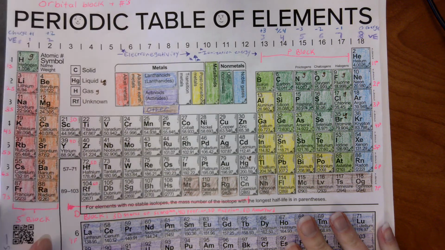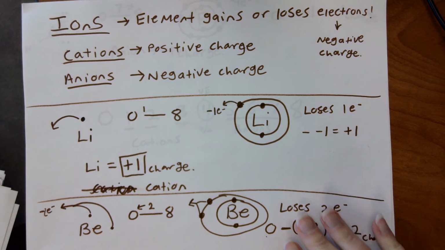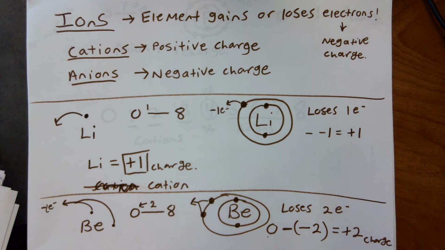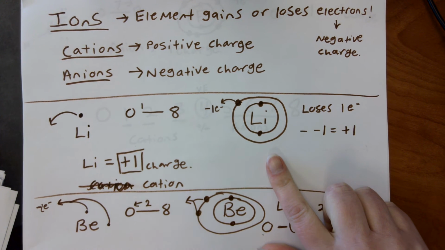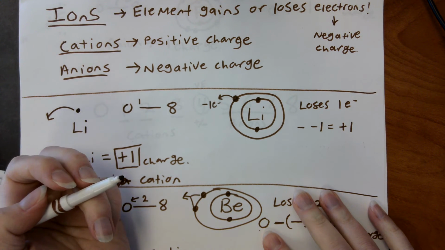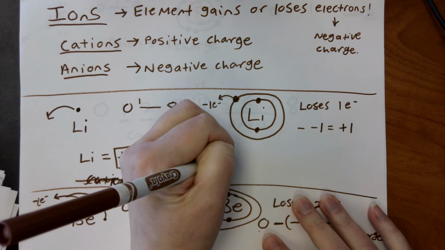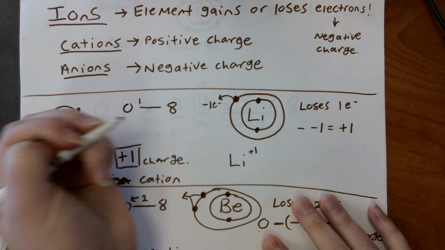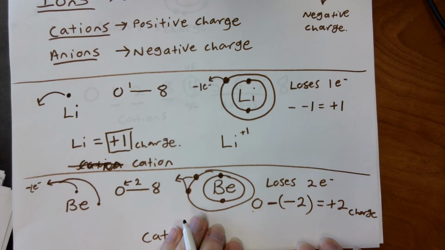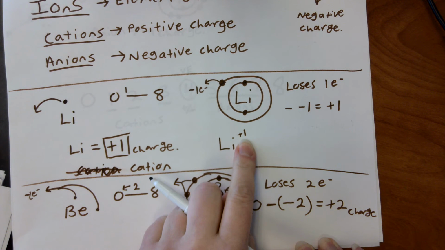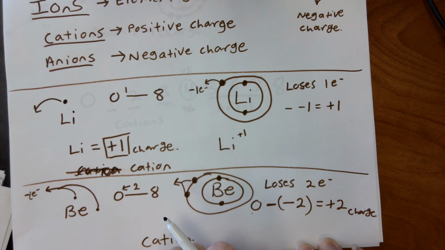And lastly, I want to just show you how we write those ions once they become said ions. So let's look at lithium again here. When you write lithium as an ion, it's going to look like this. You just have lithium, the symbol, with its new charge in the corner.